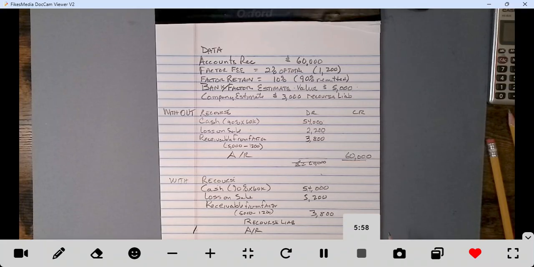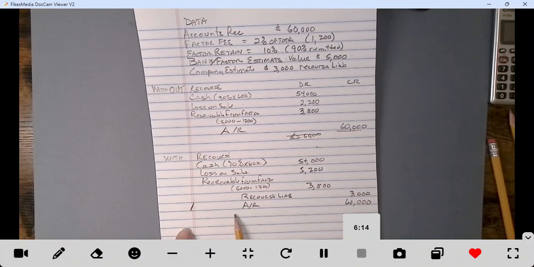There's one other curveball, and that is we subtracted the fee from the receivable from factor. Sometimes the factor can say, no, I'm going to take it out of your cash. So be careful reading the narrative on your problem that you could have this particular fee taken out of cash.